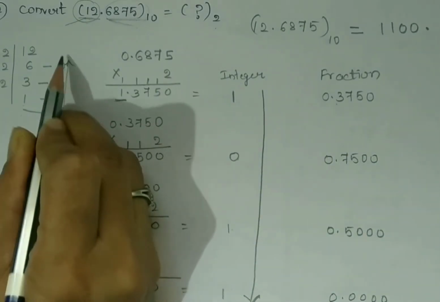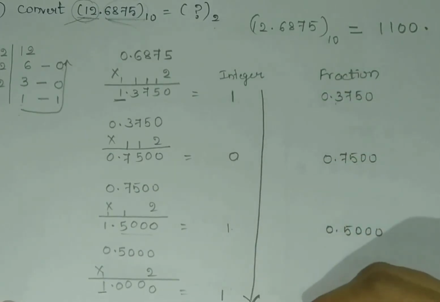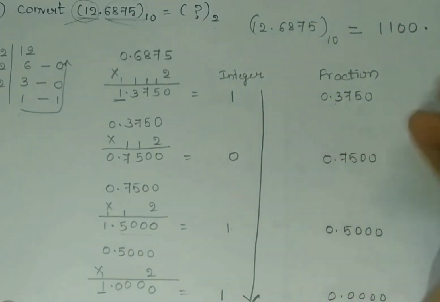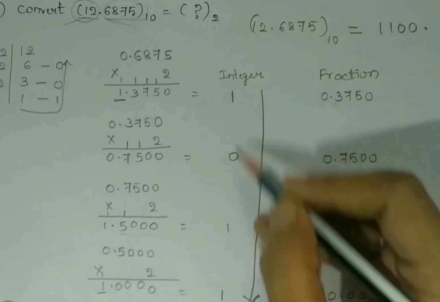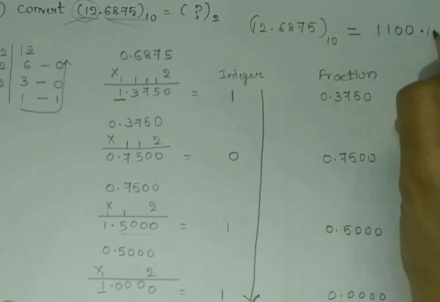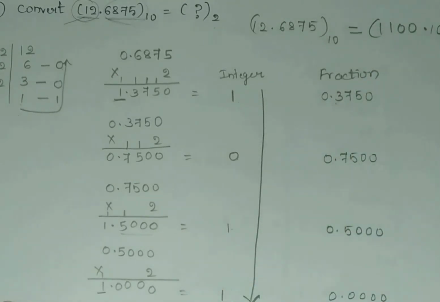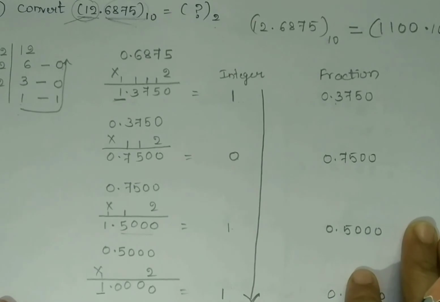The integer part you will write in upward direction and the fractional part you will write in downward direction. So what is the answer here? 1011. So write down here 1011. This is the conversion of decimal fraction to binary.